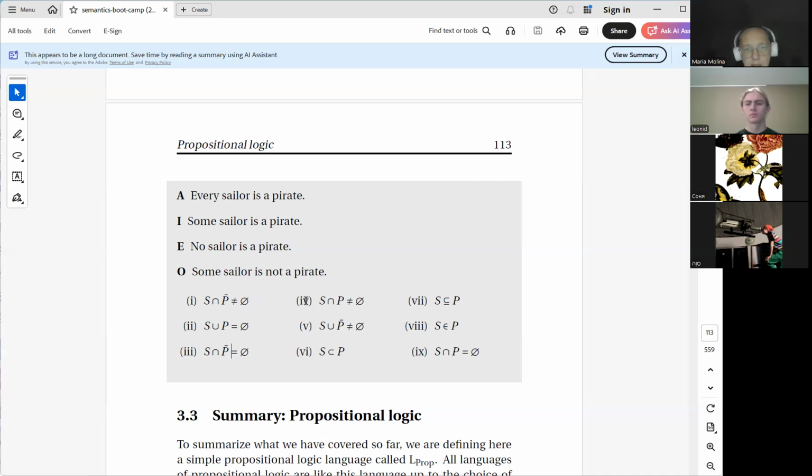And this is the same as to say some sailor is a pirate. Well, actually, if we're talking about some sailor is a pirate, number 4 fits because we're talking about a set of sailors and a set of pirates.